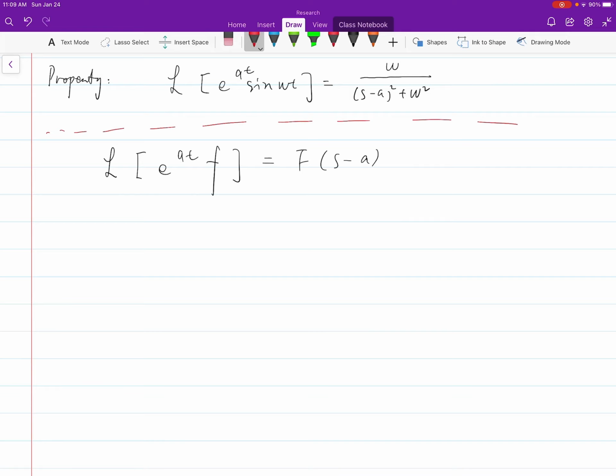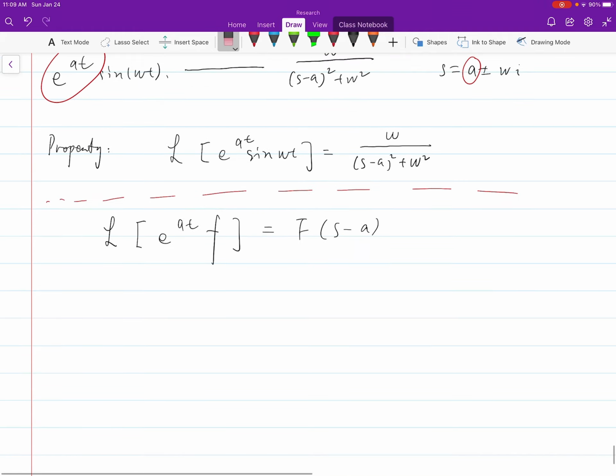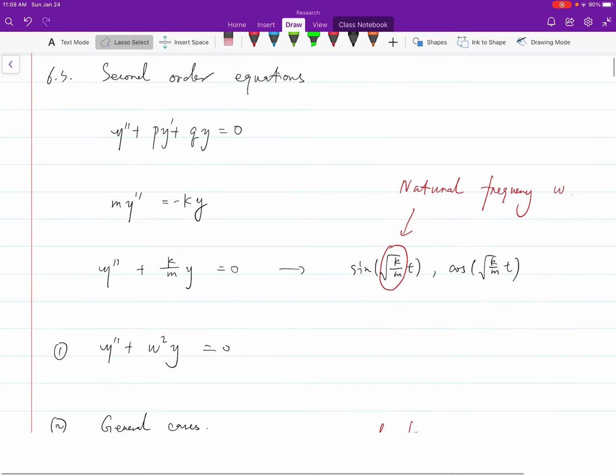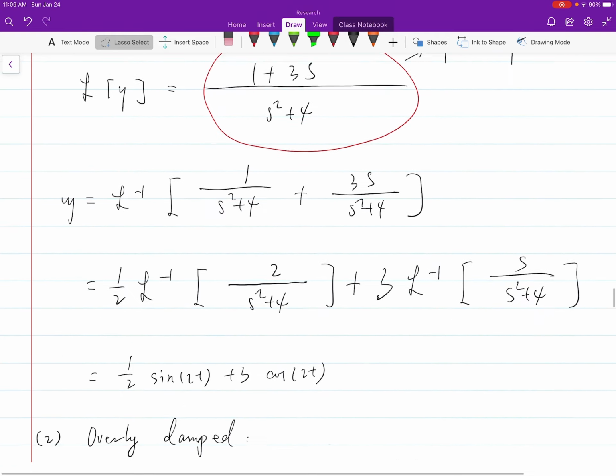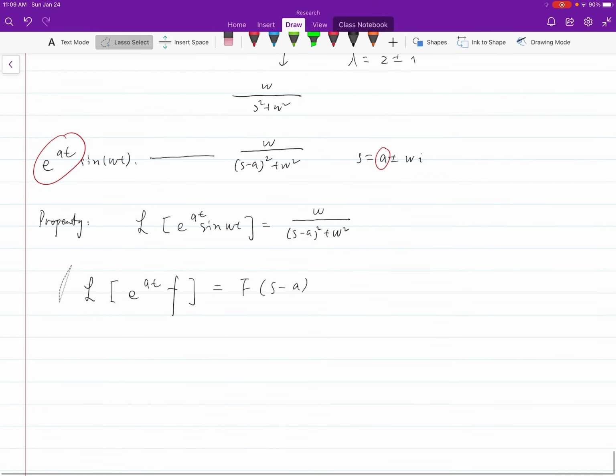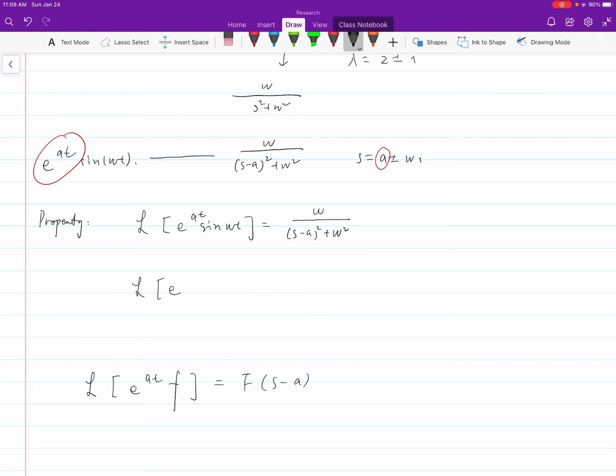If this is true, then you just take f to be sine omega t. Of course, this one is going to give you the shifted thing. And meanwhile, we can actually get this part for free. Once we can show this, we can also get the other one for free.